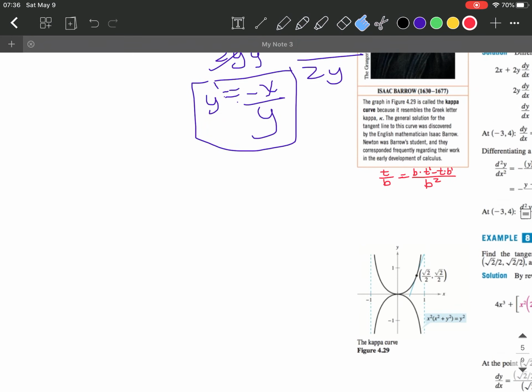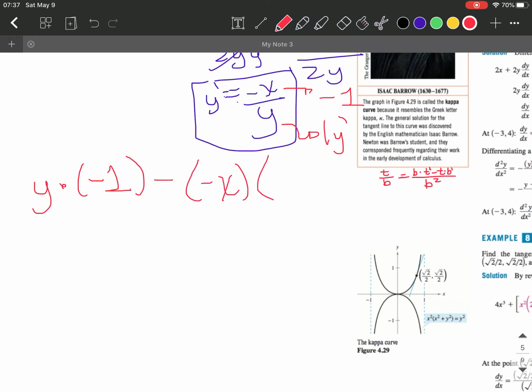So let's do this for this. Let's find the derivative of the top, which is just negative 1, and the derivative of the bottom, which is 1y prime, because it's y we're deriving. So it's the bottom, which is y, times the derivative of the top, which is negative 1, minus the top, which is negative x, times the derivative of the bottom, which is 1y prime, over the bottom squared.